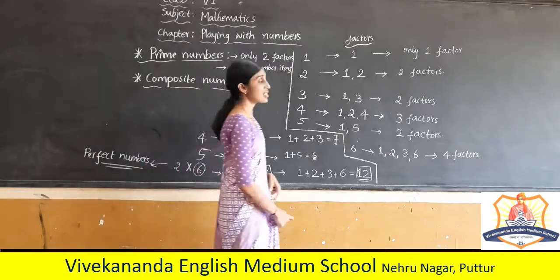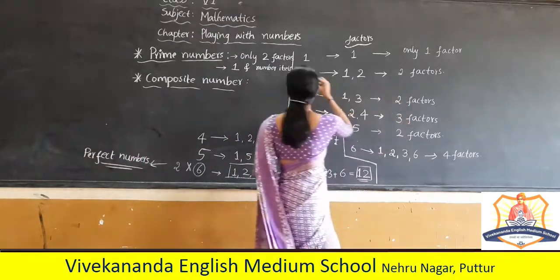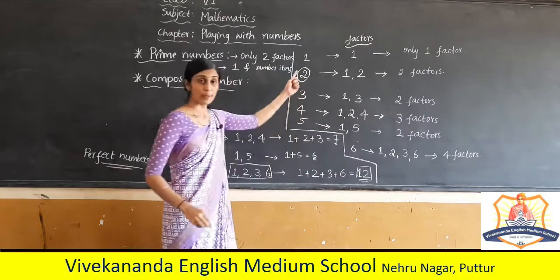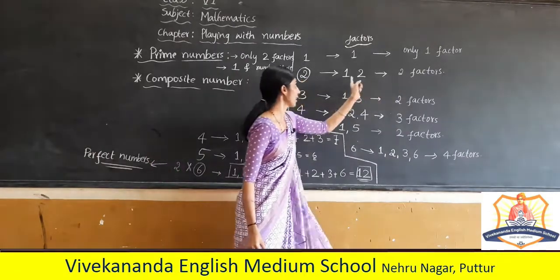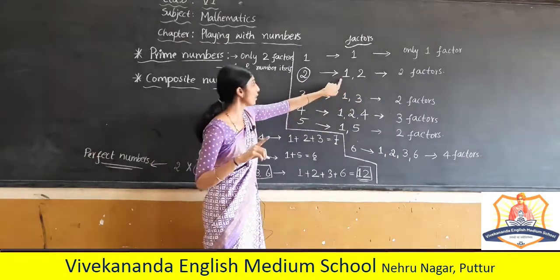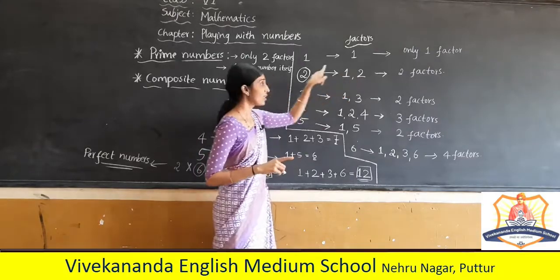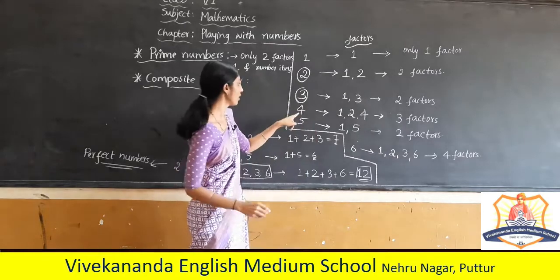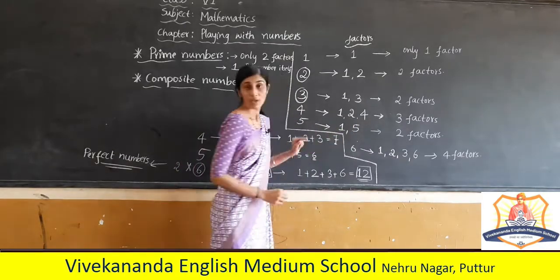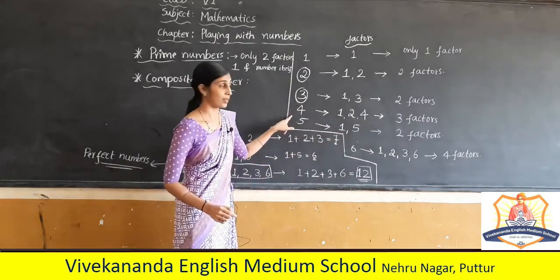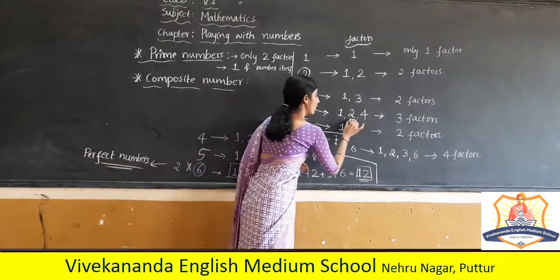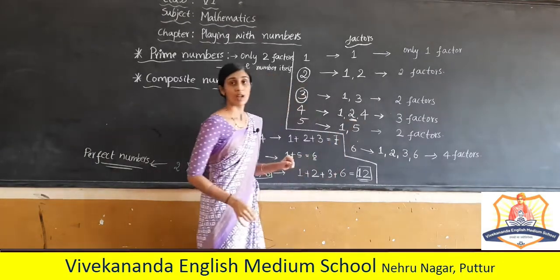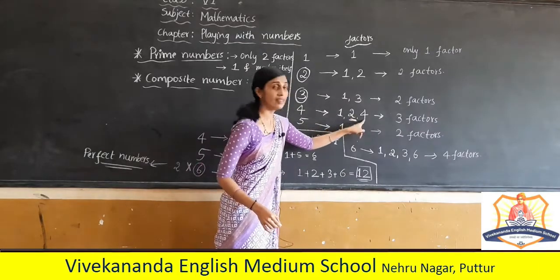In this case, which are the prime numbers here? Yes, 2 is the prime number. It has only 2 factors, one of the factors is 1 and the other factor is the number itself. 3 is the prime number, right? 4, no, it cannot be the prime number. Why? It has one more factor, other than 1 and the number itself.